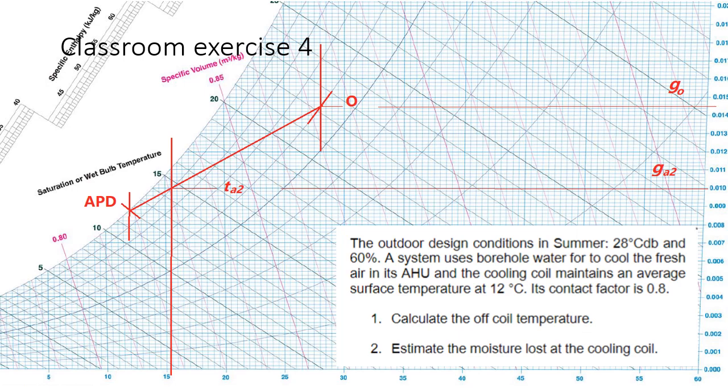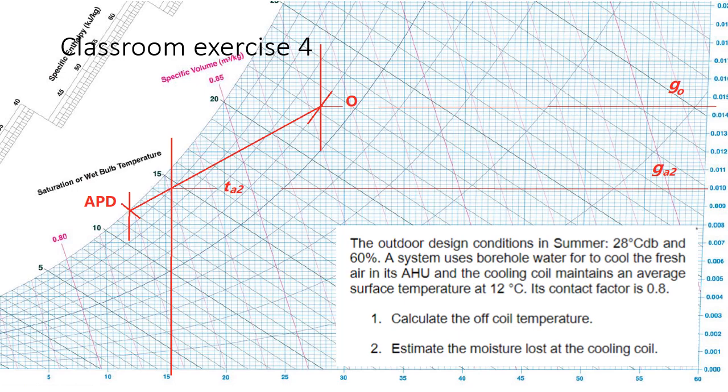So therefore, if we draw a line joining the O and the ADP, this line meets another vertical line representing the 15.5, which is off coil. Remember the TA2, and the meeting point, this point represents the state of off coil air.